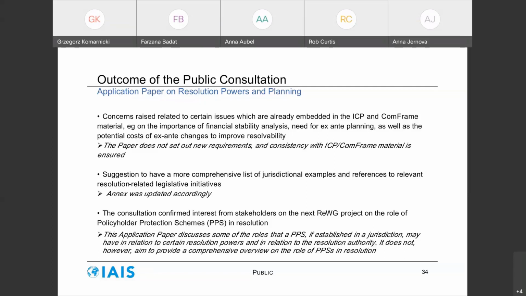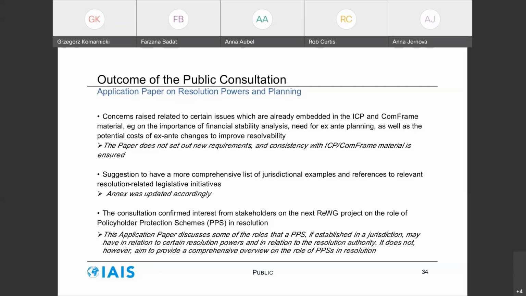You may recall there was a paper put forward, I believe, in October of 2013 by the Market Conduct Working Group that was really a principles paper behind policyholder protection schemes. We hope that this forthcoming paper will build on the principles discussed in that paper and perhaps serve as a best practices guide for any jurisdiction that is looking to either revise an existing PPS or establish a PPS if one doesn't already exist.